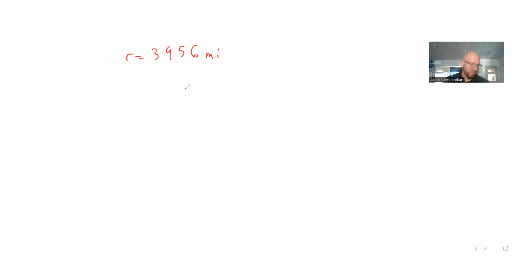And I know 1 minute. So I'm going to convert 1 minute. That's what a nautical mile is, a minute or a 60th of a degree. So that's the same as a minute. And I'll convert that to radians to get my arc length. And this is pi over 10,800.